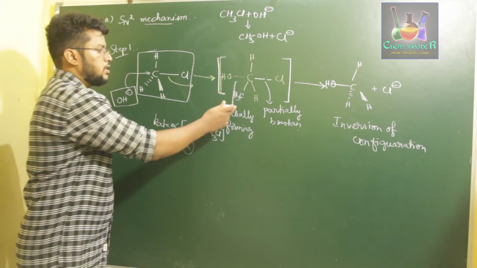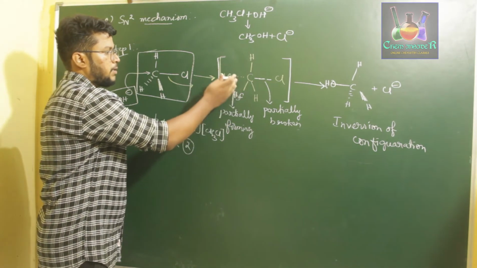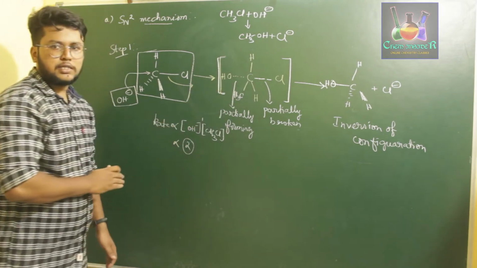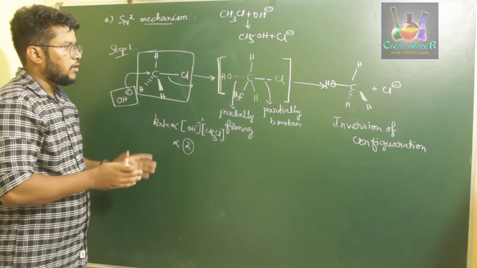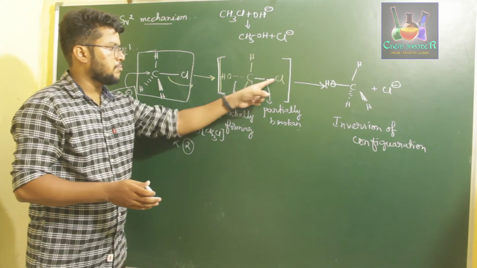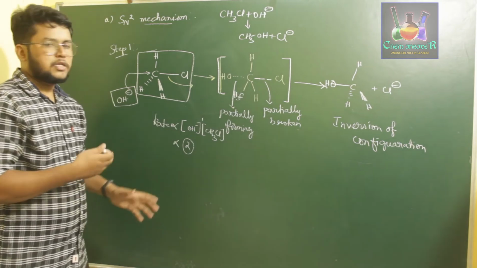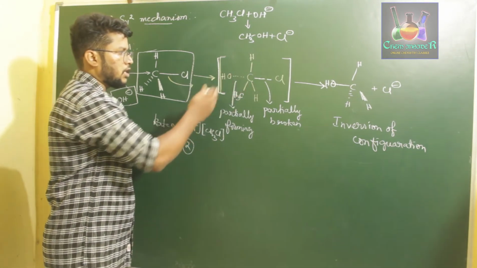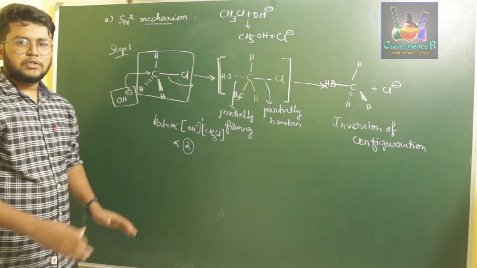That is because this CH3 creates an environment that fills up the space of the OH minus attacking site. Therefore, the more hydrogen atoms attached to the carbon bonded with chlorine, the greater the rate of the reaction. If more CH3 groups are attached to this carbon, the rate slows down.